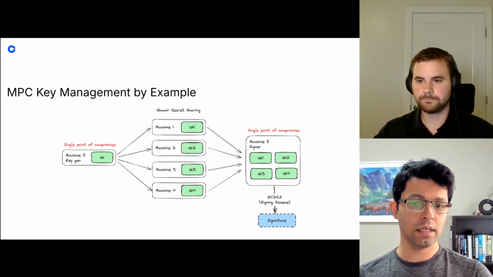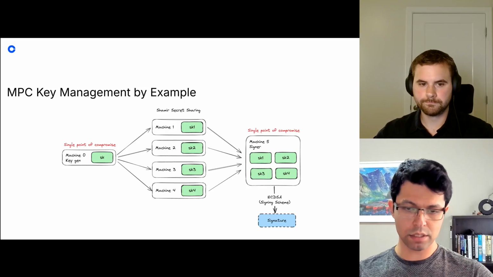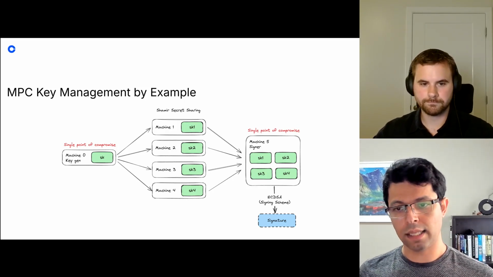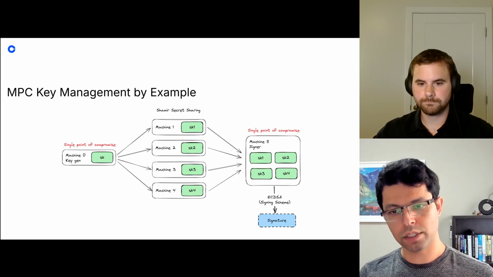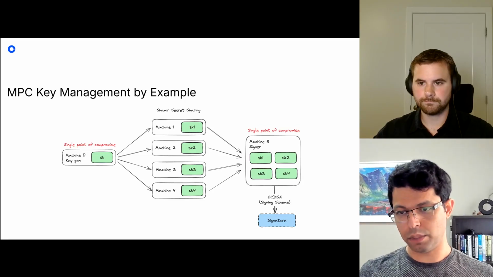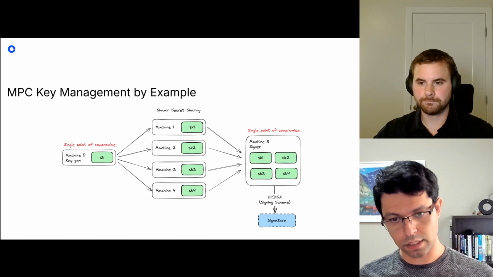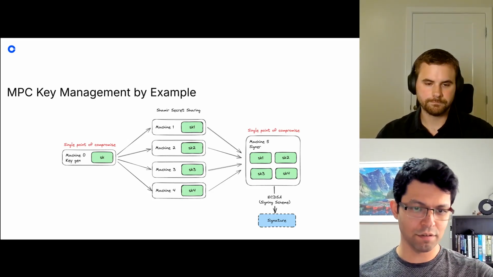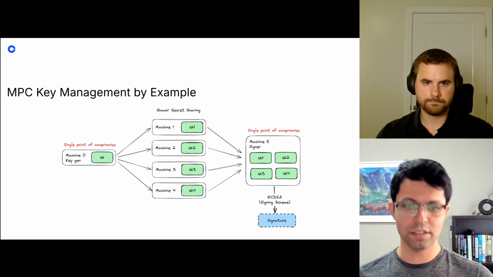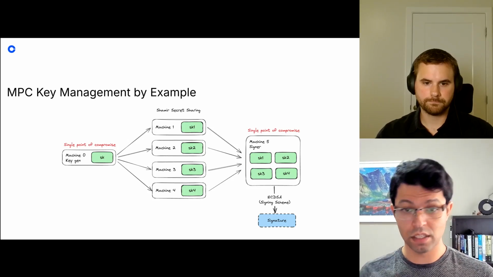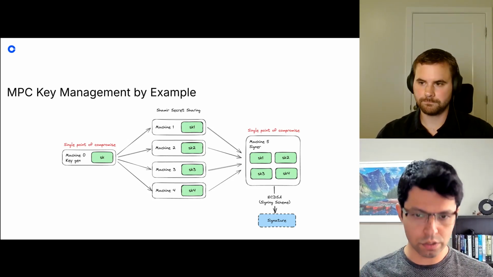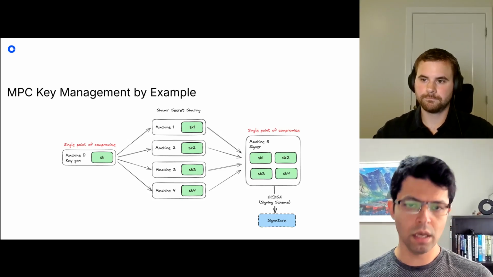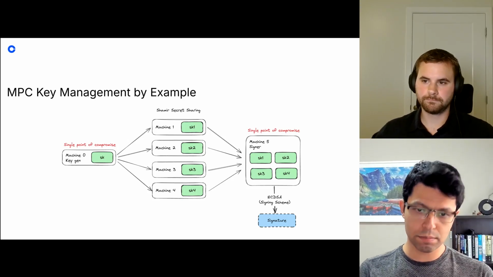Then it secret shares it, splits it into many parts, and gives each share to a different machine, and then at the end puts all those shares back together again in a single machine so that it can generate an ECDSA signature. By now, you should be familiar that having the full secret in one machine is a no-no when it comes to MPC. So Shamir secret sharing on its own is not a fully secure MPC protocol, but it is quite useful as part of a full protocol.